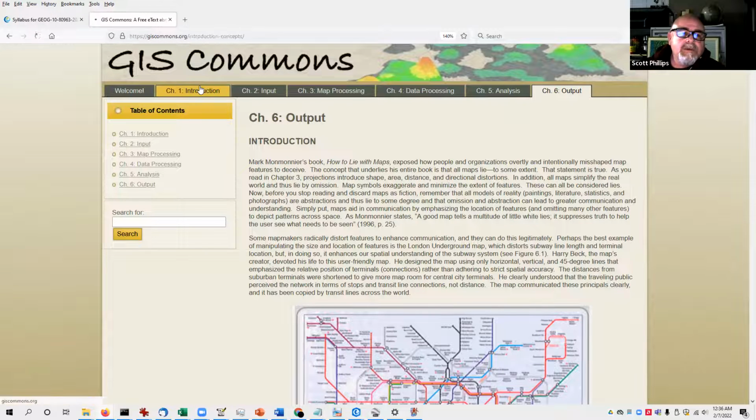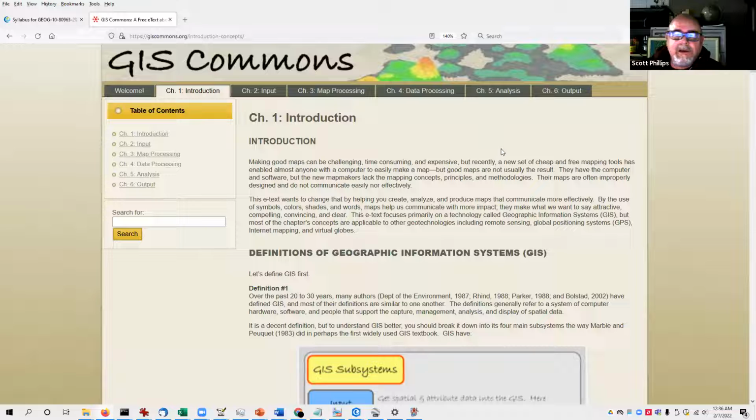Okay, so today I'm going to cover a little bit of the aspects of the introduction, and I'm going to do these in PowerPoint, but this should roughly coincide with the introduction chapter. These are very short, so I expect you to read them, of the GIS Commons that we're using as our textbook.